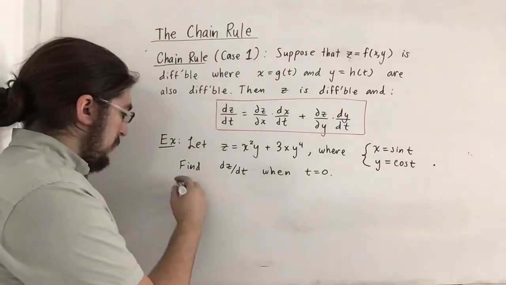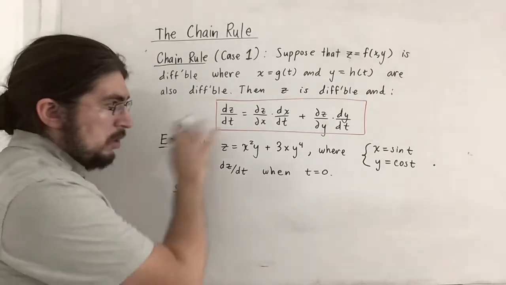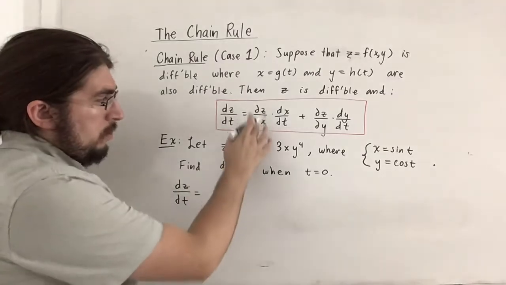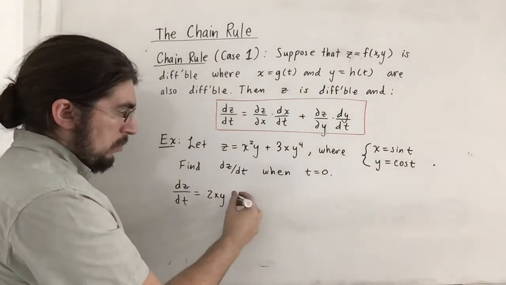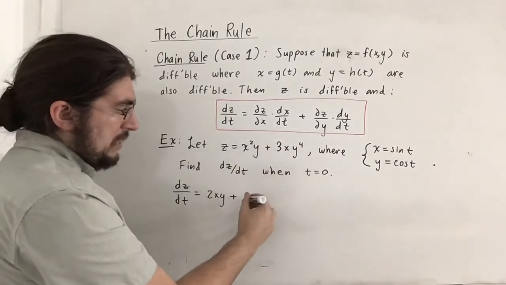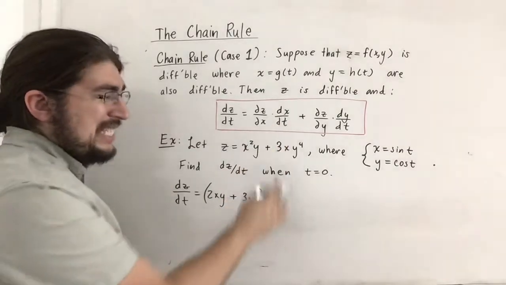Right, so let's see what we can do. Let's see what damage we can do right away. So dz/dt, using this equation I boxed in red, is what? Well, it must be the partial with respect to x, which, notice, the derivative of x squared is 2x, y is a constant so it multiplies down for free, plus the derivative of this with respect to x, the x drops, so we get 3y to the 4th, multiplied by dx/dt.